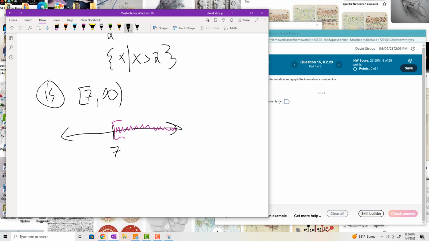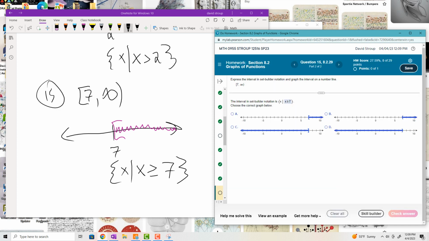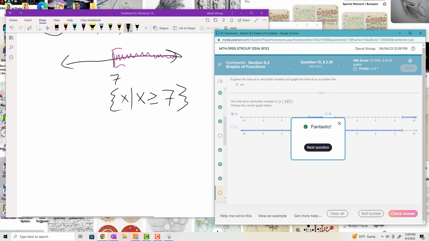And to write that as an inequality, it's any x value that is greater than or equal to 7 this time. So you have to put the line underneath the inequality, and then you tack on the bar, the x, and the curly brackets. So x greater than or equal to 7, check answer, yay. And then we could do our interval, yay.